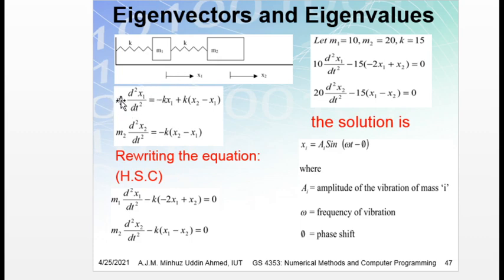So m1 into a1, this is the force on the first body, equals minus kx1 according to Hooke's law.